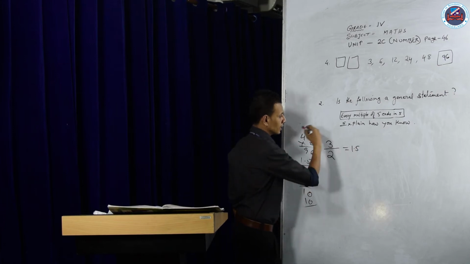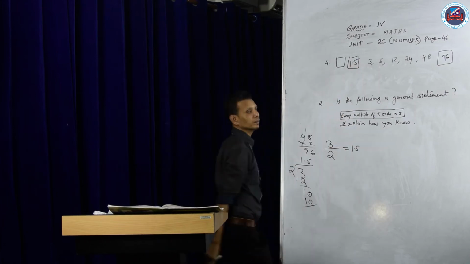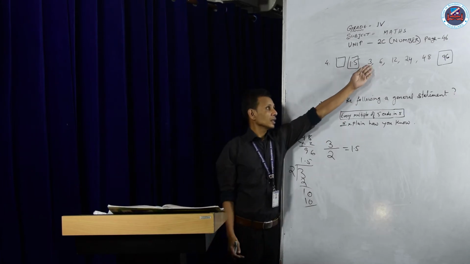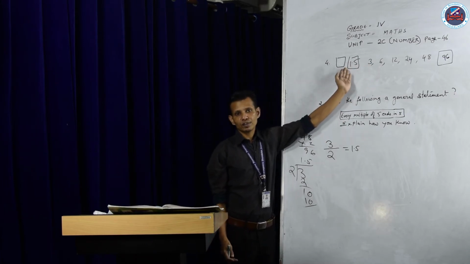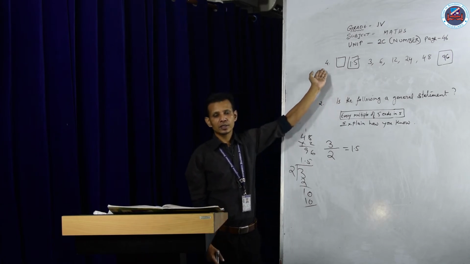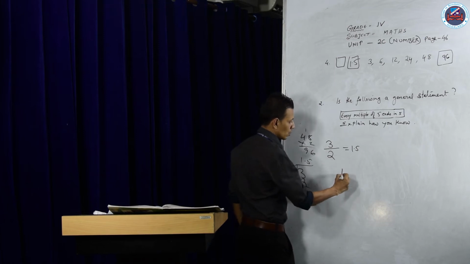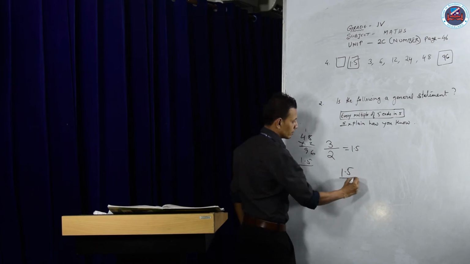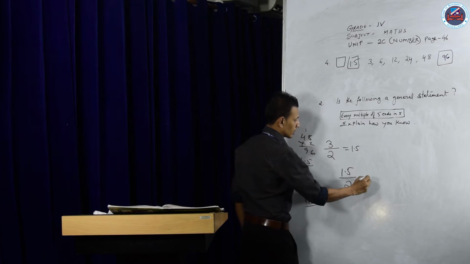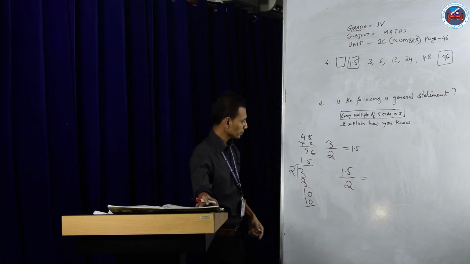So you need to write 1.5 here. As we are doing, 3 divided by 2 is 1.5. Then 1.5 divided by 2 is your next answer.